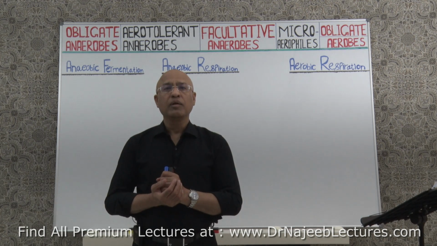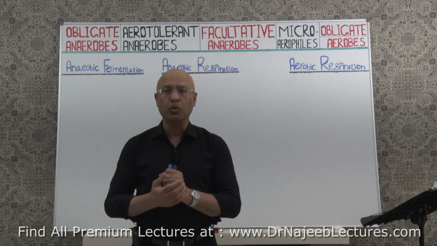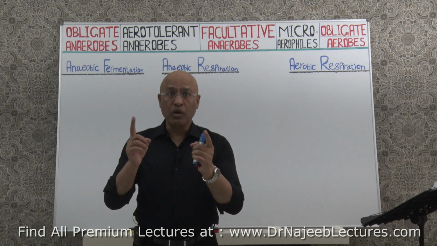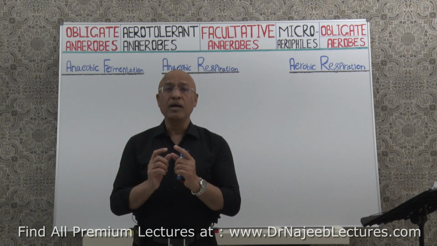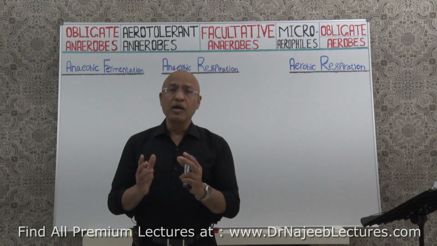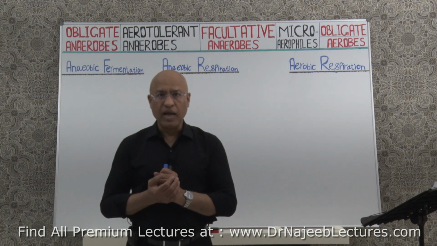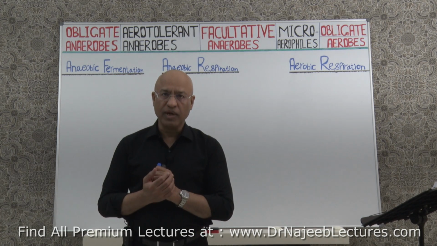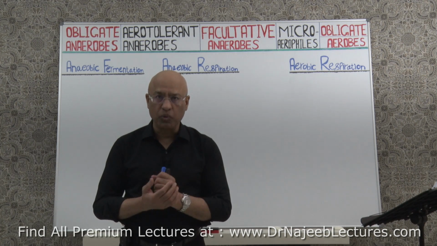Secondly, the second aspect, which is also extremely important, is that we must know the relationship of bacteria with oxygen related to their self defenses against reactive oxygen species. As you know, wherever oxygen is present, it can react with different biologically active molecules.